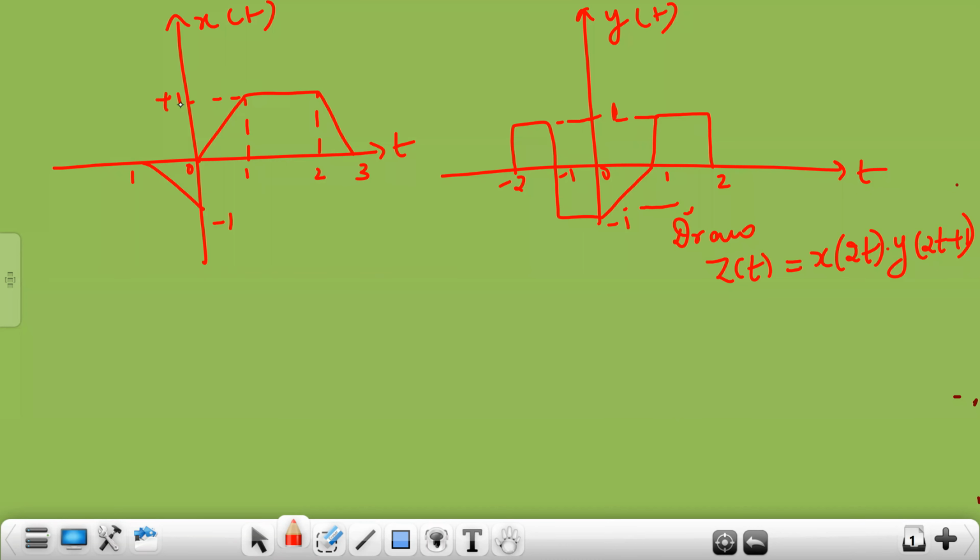So this is the graph for x of t and y of t. You have two different signals and you need to plot z of t, which is equal to x of 2t multiplied by y of 2t plus 1.